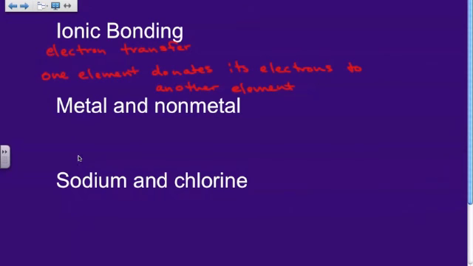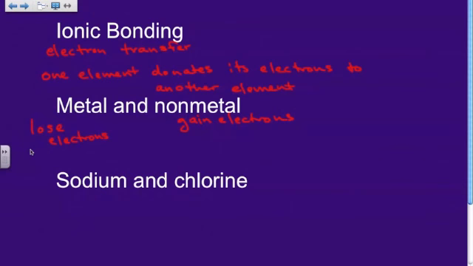So for instance, if I were to take sodium and chlorine, like other metals, sodium wants to lose electrons. Nonmetals tend to want to gain electrons.